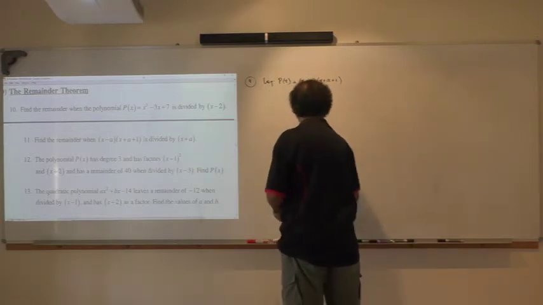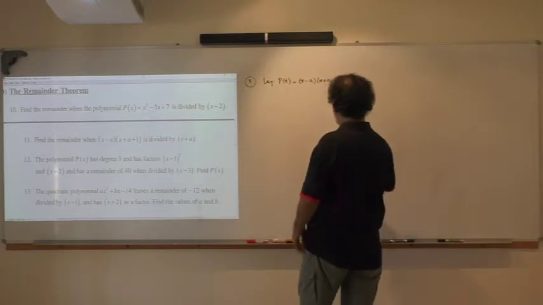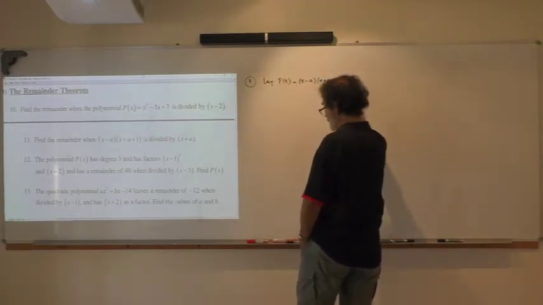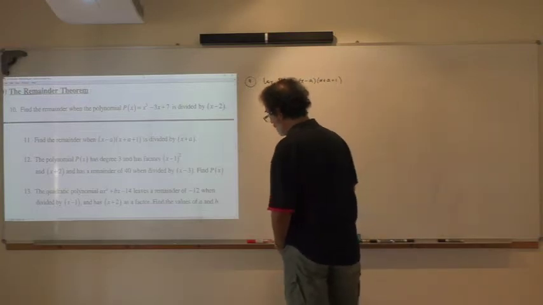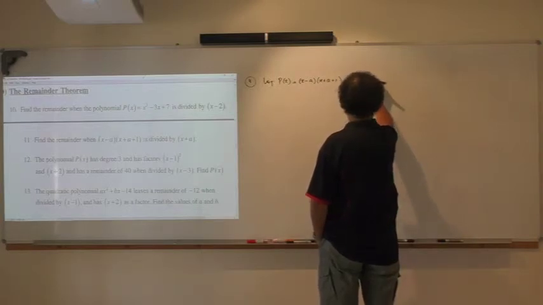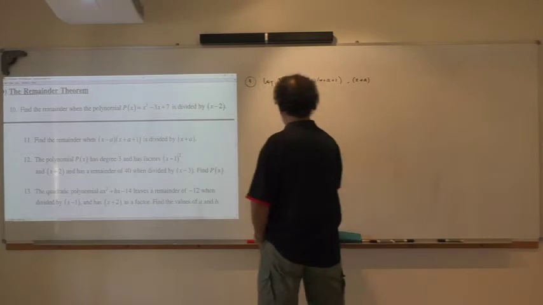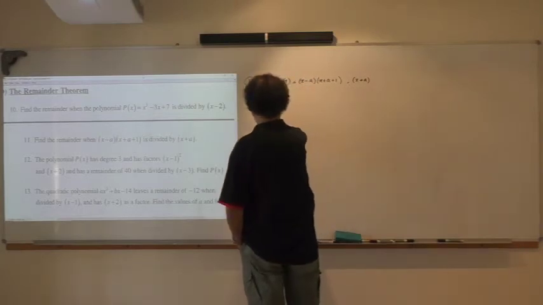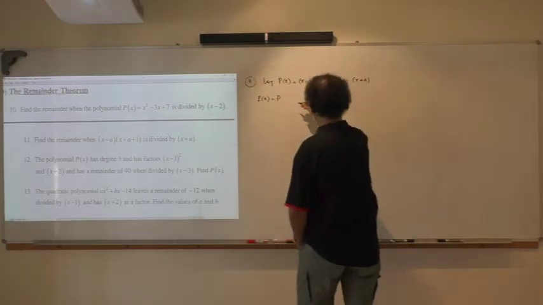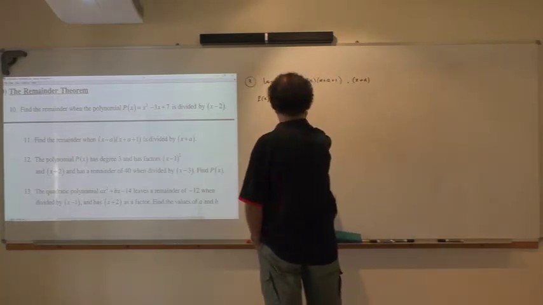We've got to find the remainder when this polynomial is divided by x plus a. The remainder theorem says that the remainder is going to be equal to p at negative a. That's it. Now we are on the right track.